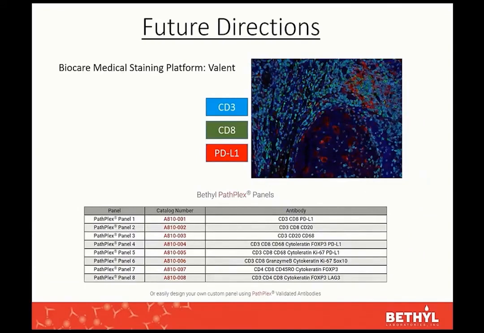And we've been able to verify and transfer 3 of our panels over to the staining platform. So we're very excited about this, so that this simplified method of panel building works on the bench top, and then we can easily transfer that to an auto stainer.